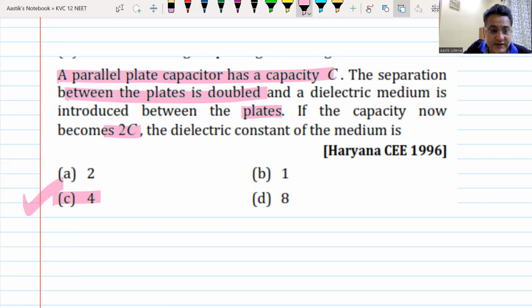Is it difficult for you to understand, beta? Are you able to understand this, or is it difficult? That is what I'm asking. Are you able to understand this? Yes or no?